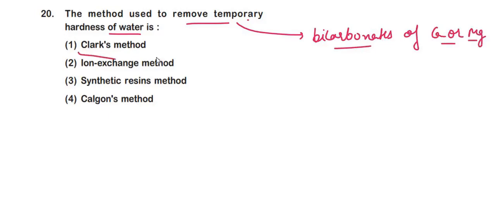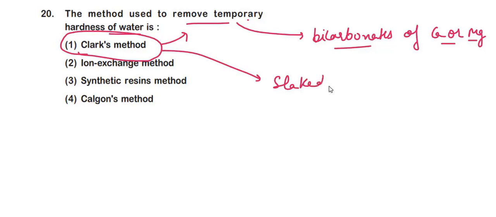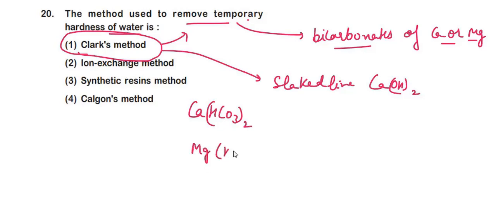This Clark method is one of the methods used to remove temporary hardness from water, and in this Clark method we use slaked lime, that is calcium hydroxide. When we treat the given water, either the hydrogen carbonates of calcium or the hydrogen carbonates of magnesium are present.